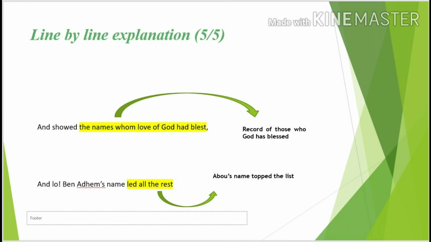So that is why at the end, when the angel shows a record of all those whom God has blessed, the first name was of Abou ben Adhem. And Abou ben Adhem was such a man who left everything behind to take up this simplistic life. And in our Indian culture also, we had such a man like Gautam Buddha. Gautam Buddha too was a prince.